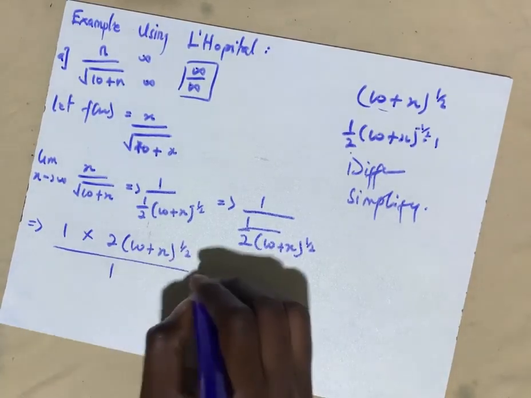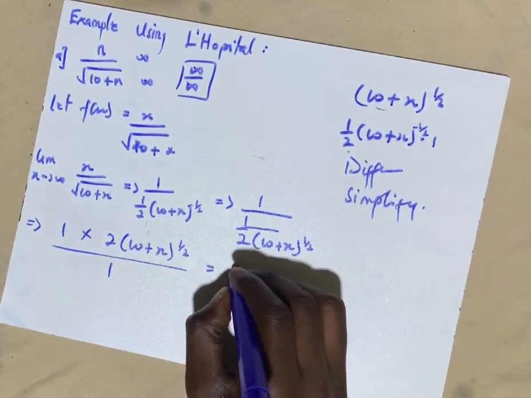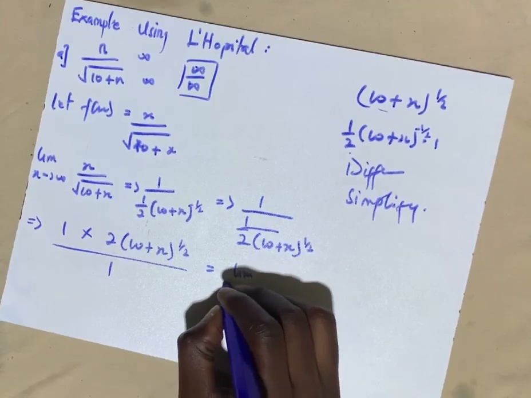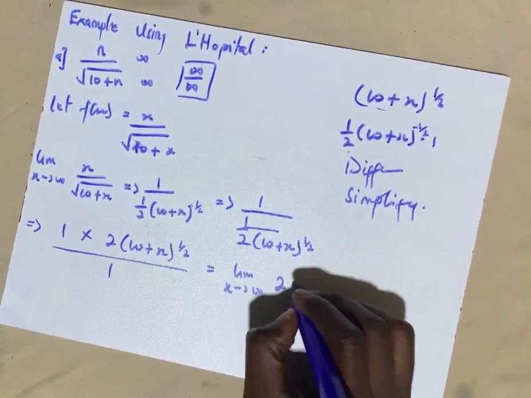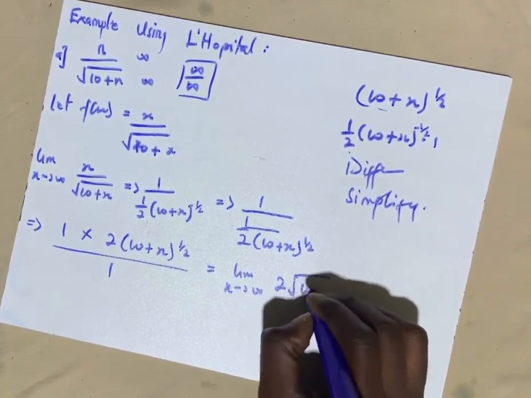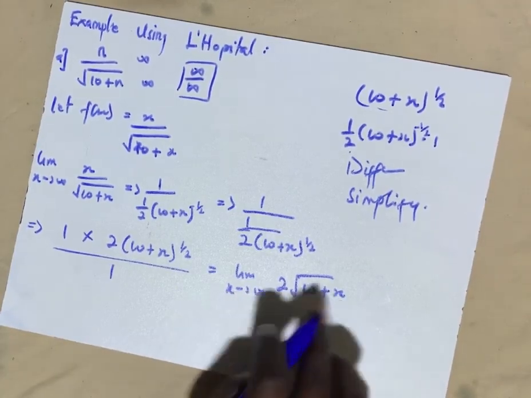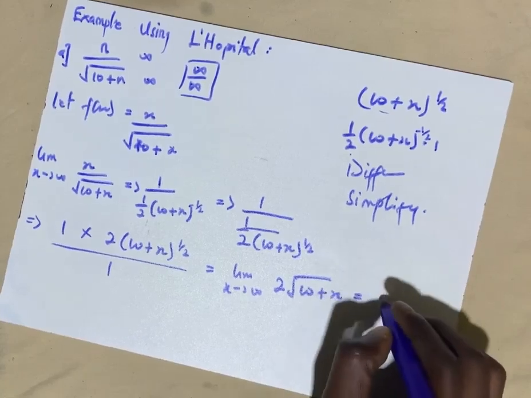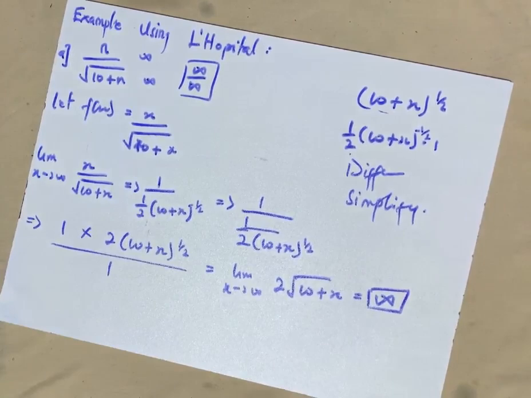Let's rewrite this as the limit as x approaches infinity of 2 square root of 10 plus x. Now this has become a simple simplification, and we can easily get our limit. Wherever x is infinity, obviously this sequence is going to go to infinity as well, which means this sequence is diverging, it's not converging.